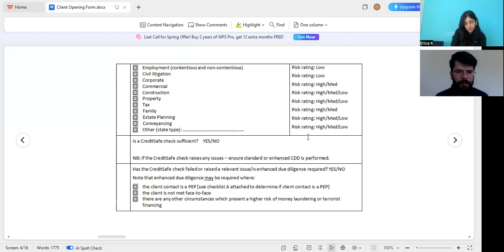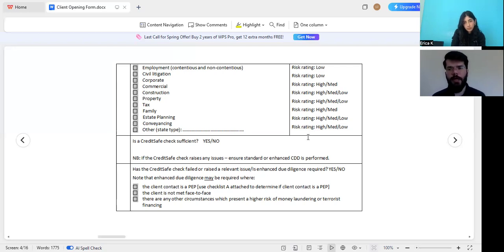They would give access to you. So has the Credit Safe check, or the ID and AML check, failed or raised a relevant issue? Is enhanced due diligence required? You'd say yes. If yes, then you need to do your further assessment or add a note down below saying why it is yes.